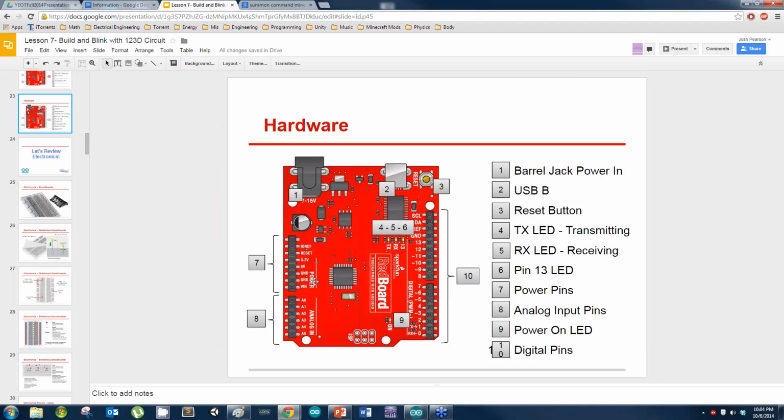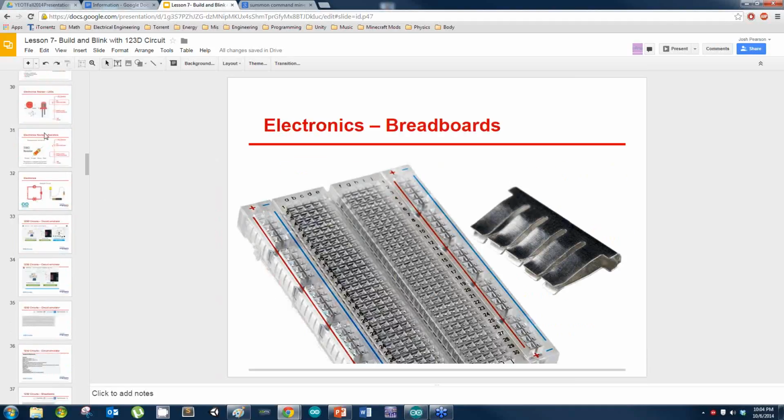Of course, V in is power in. All the GNDs are the grounds, which are exactly the same. Every GND is exactly the same. They all share a common ground. And we are going to be using digital pins over here tonight. We're going to be using probably 13. We might get to a few more. I don't know yet. We'll see how fast this goes by.